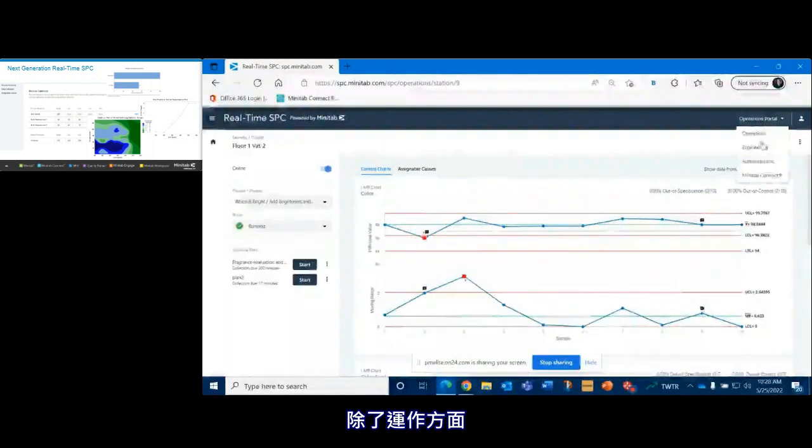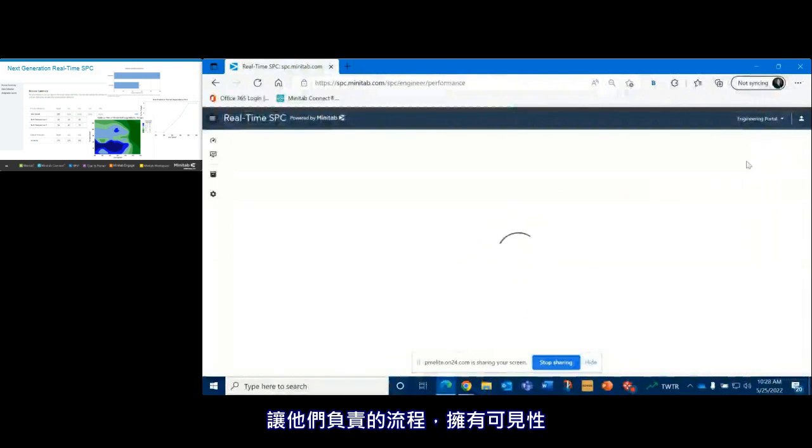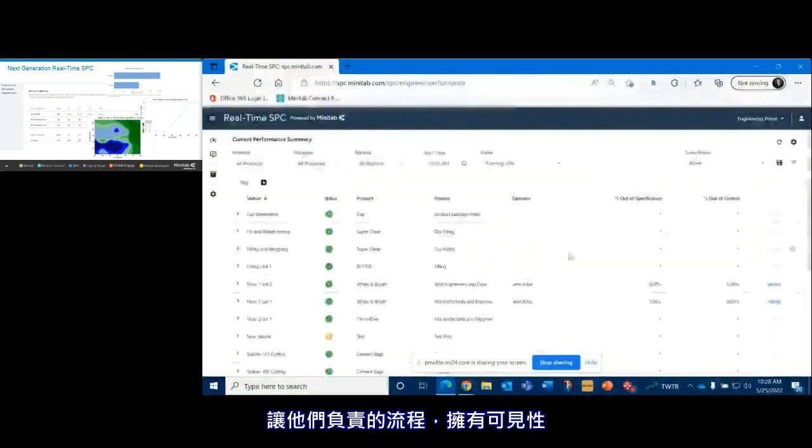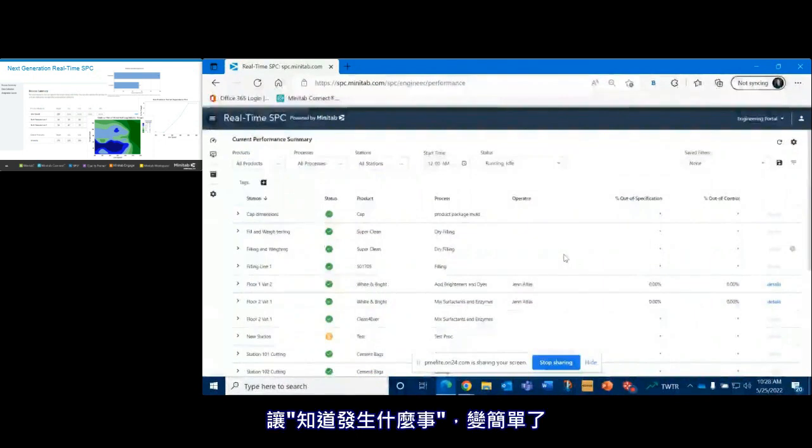In addition to the operations, the engineers need visibility into all the processes they're responsible for. Having that visibility makes it simple not only to see what's happening, but to have that visibility across the whole range.